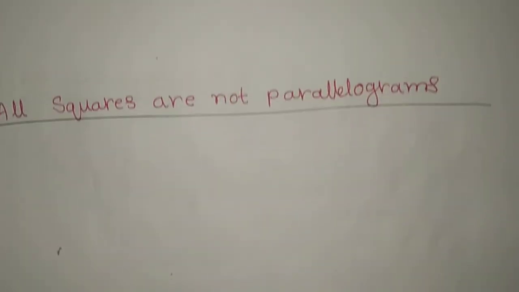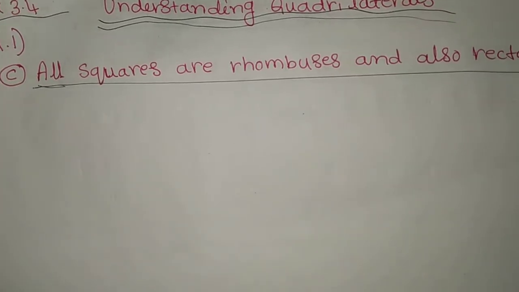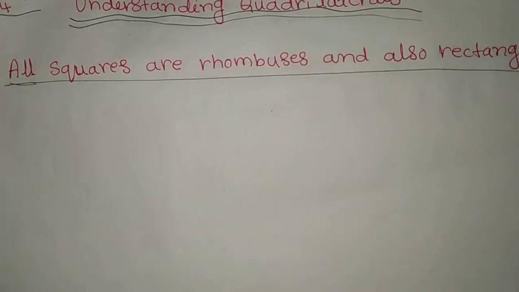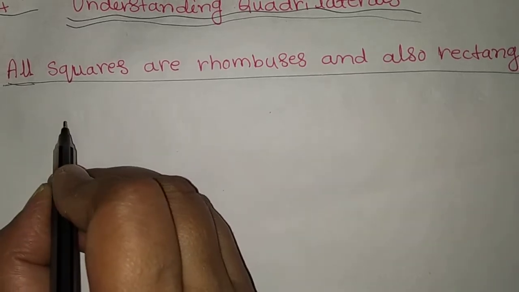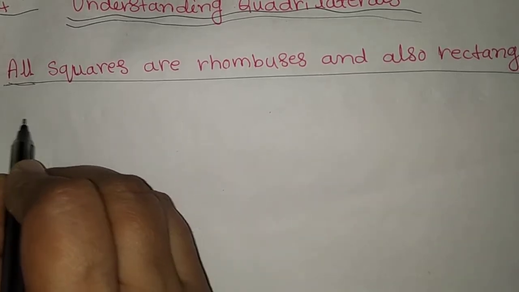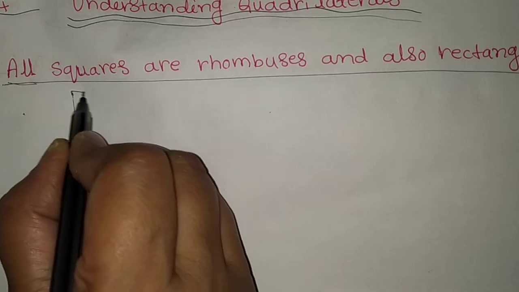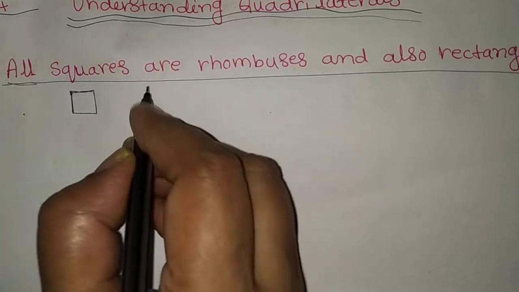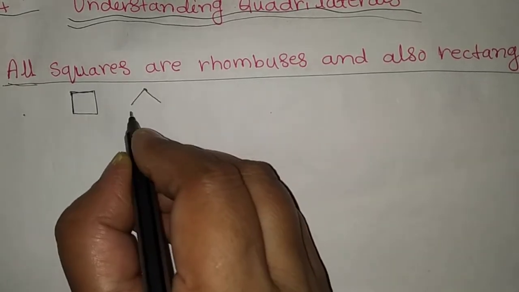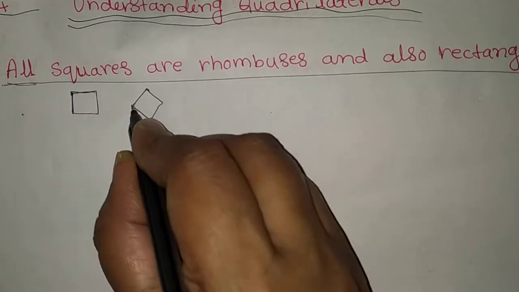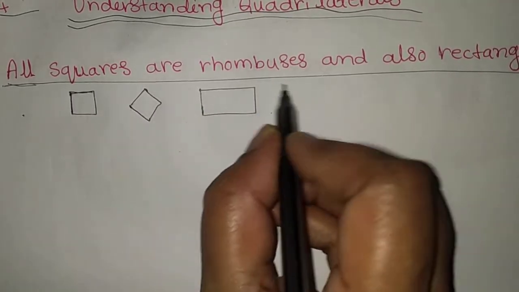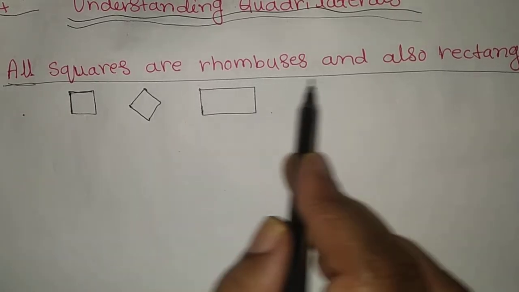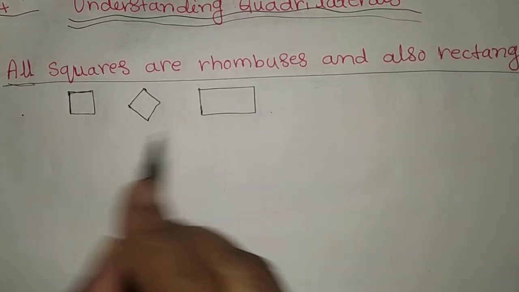The next statement is: all squares are rhombuses and also rectangles. What is the answer here? First we will see. This is a square, then we'll take a rhombus, and then a parallelogram. So three figures. All squares are rhombuses and also rectangles.